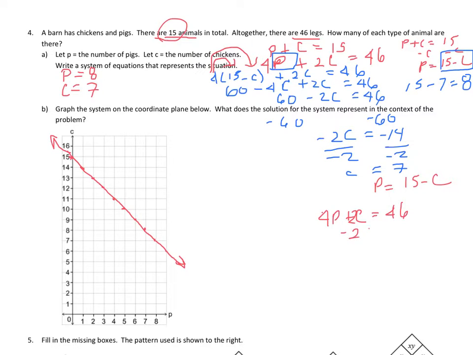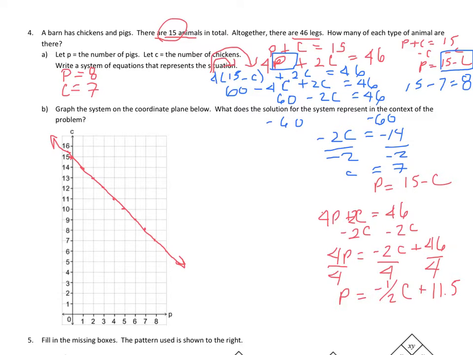So I subtract 2c from each side, and I get 4p equals -2c plus 46. I divide everything by 4, and I get p equals -1/2 c, which is the same as -2 over 4, it's just reduced, plus 11.5.